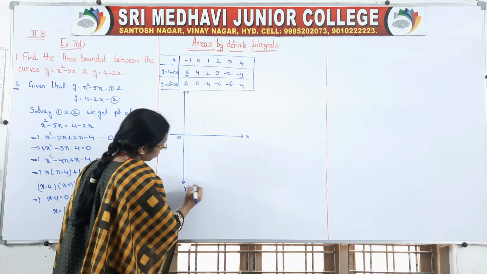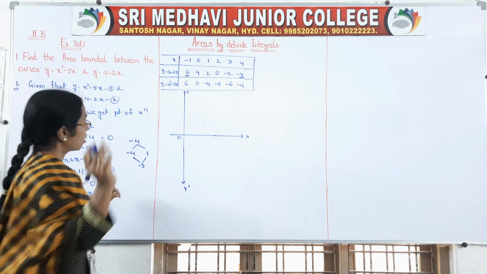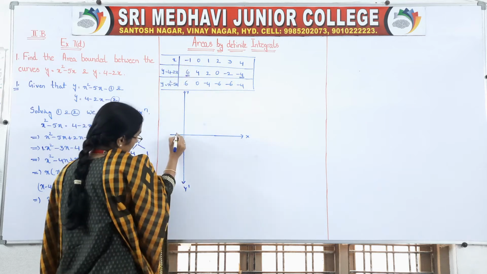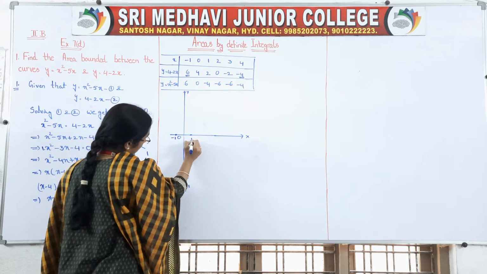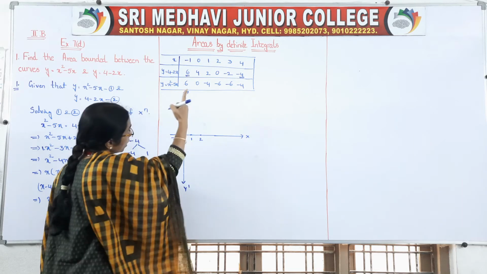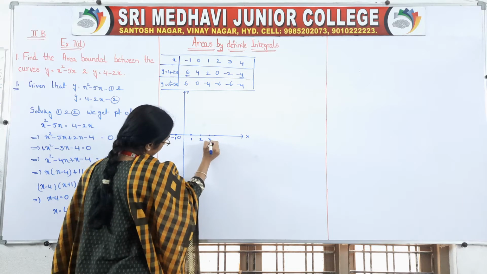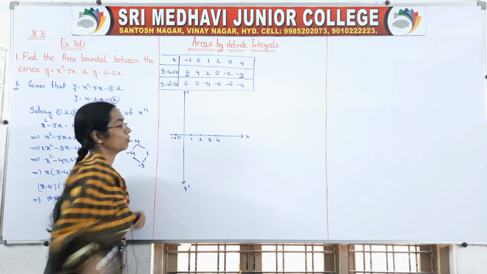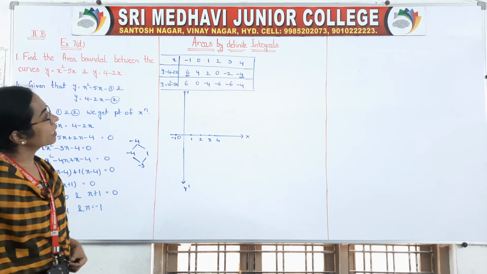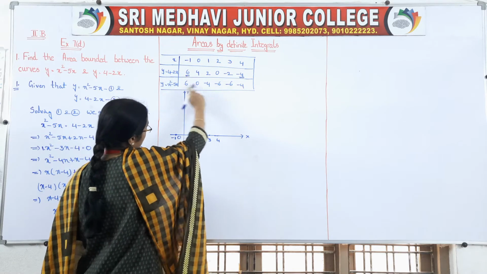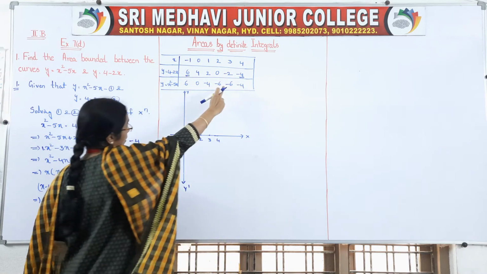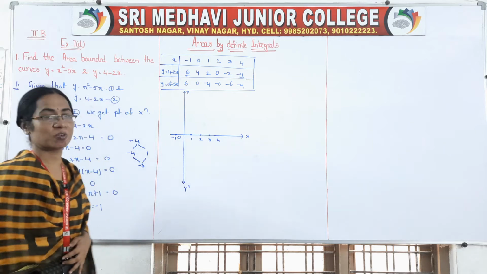Okay, so now if you observe, we have to take minus 1. So here minus 1 will be there, here 1, here 2, till 4, 3 and 4. Okay, and on y axis if you observe both the curves, maximum is 6, and here minus 6 is also there downwards.